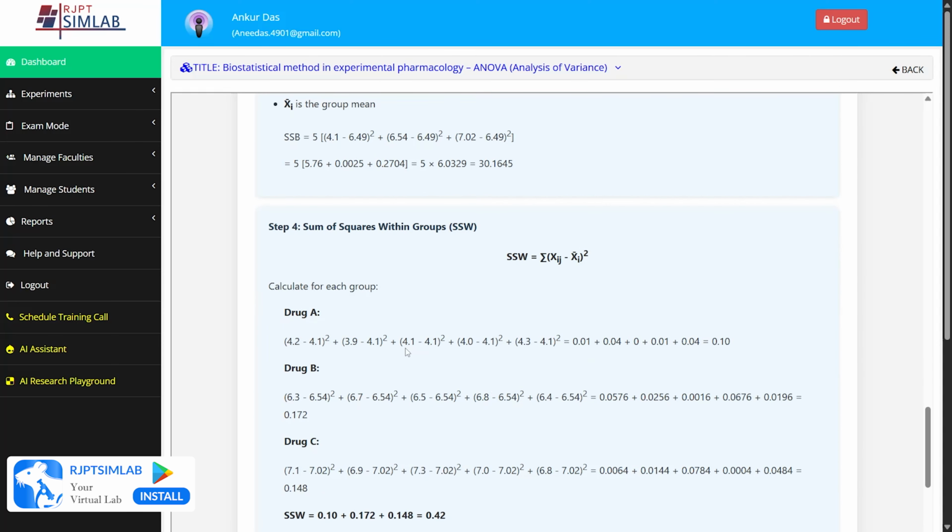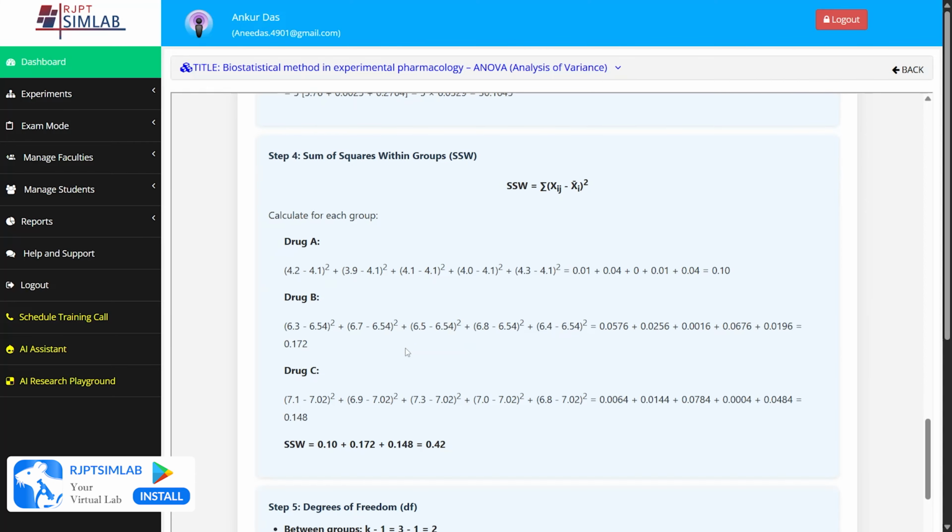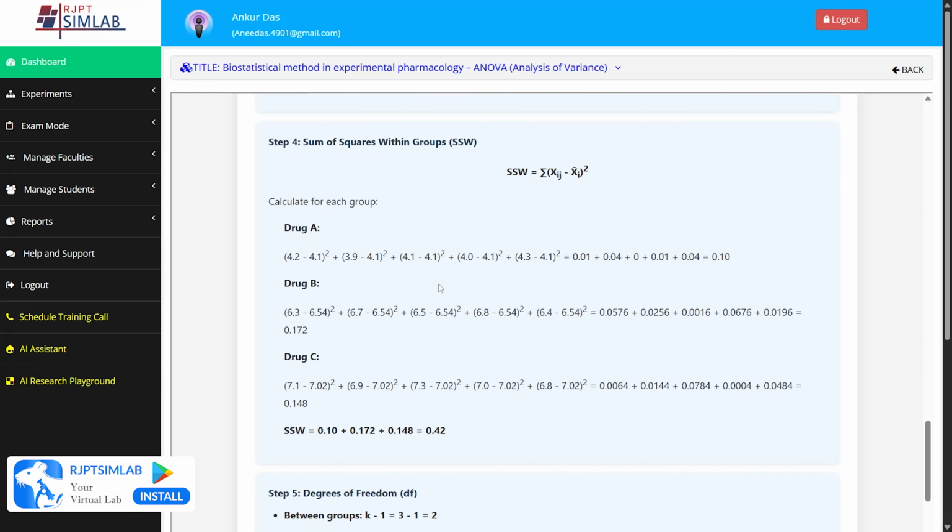Now, at the fourth step, we will calculate the sum of squares within the group, the SSW value. It is the sum of squares within the individual groups, as we have individual groups: group A, group B, group C. The formula says SSW is equal to the summation of the square of x ij minus x bar i.